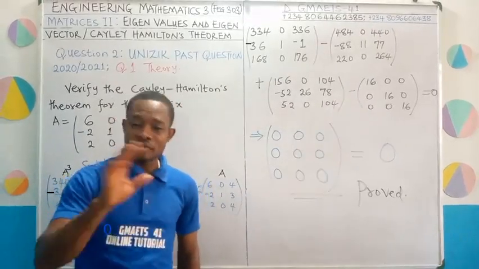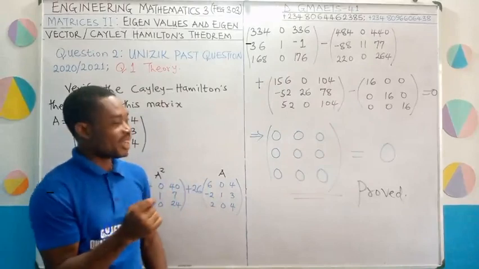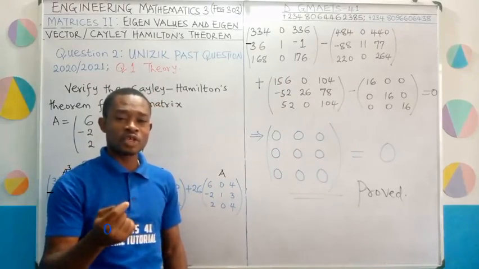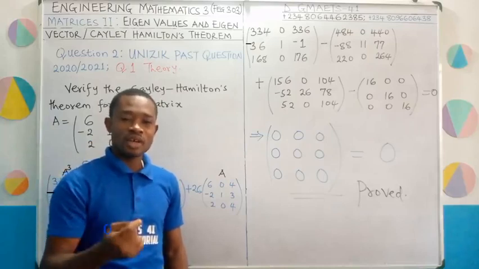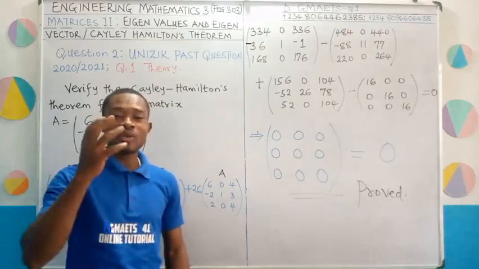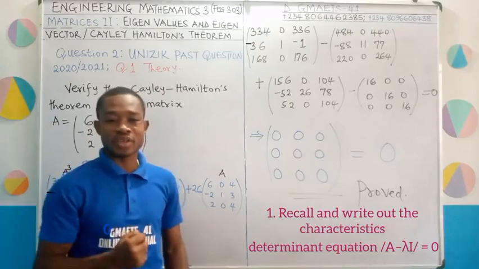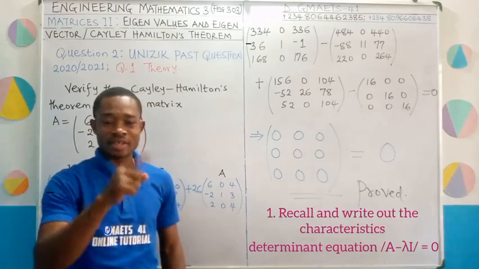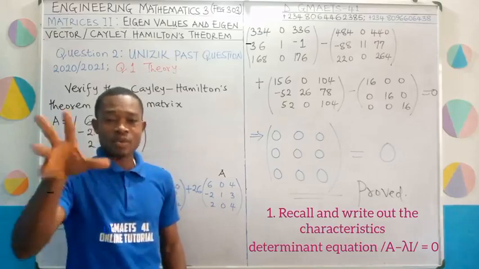So what did you learn from the whole thing that was done in solving this question? It's simple. Once the problem is given to you to verify Cayley-Hamilton's theorem, simply quickly record your characteristic equation, okay? Characteristic determinant equation A minus lambda I, that determinant equal to 0.